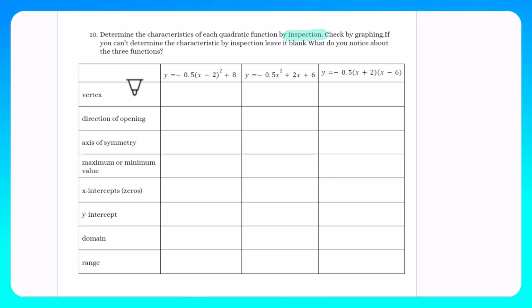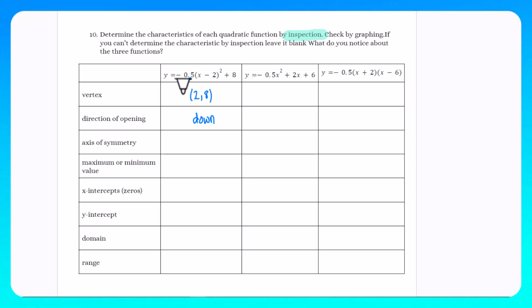In vertex form, we can see that the p is 2 and the q is 8, so we can easily find that just by looking at it. We have a vertex of (2, 8). We also know by the a value right here that it's negative, so it's going to open down. In other words, it's concave down.